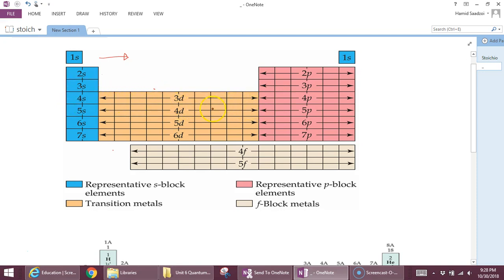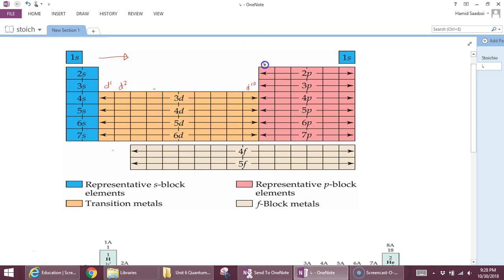So I'm just going to follow the periodic table going from left to right until I get to the element I'm looking for. The point of all this is to show you that the periodic table can be broken down into different parts. This is called the S block. So all elements that are here end at S1, all the ones here end at S2, then you go D1, D2, all the way to here, which is D10.